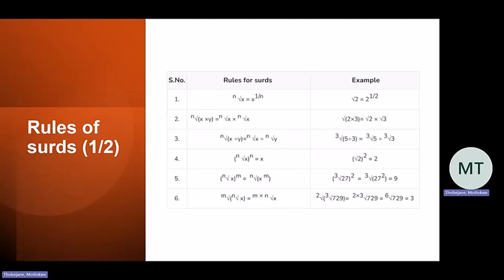Now, here it says there is a root with it: the n-th root of x to the power n. The n-th root of x to the power n is equal to x. Why?